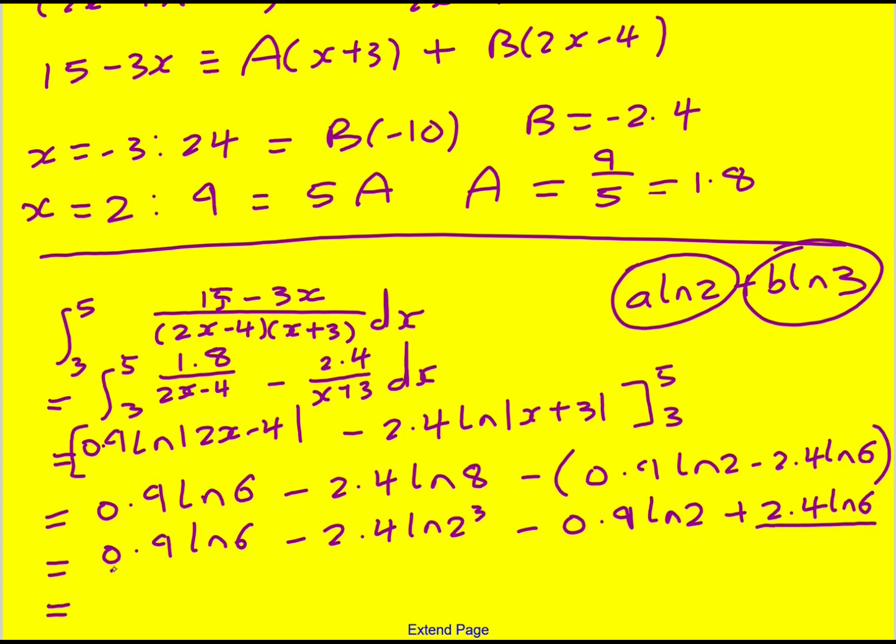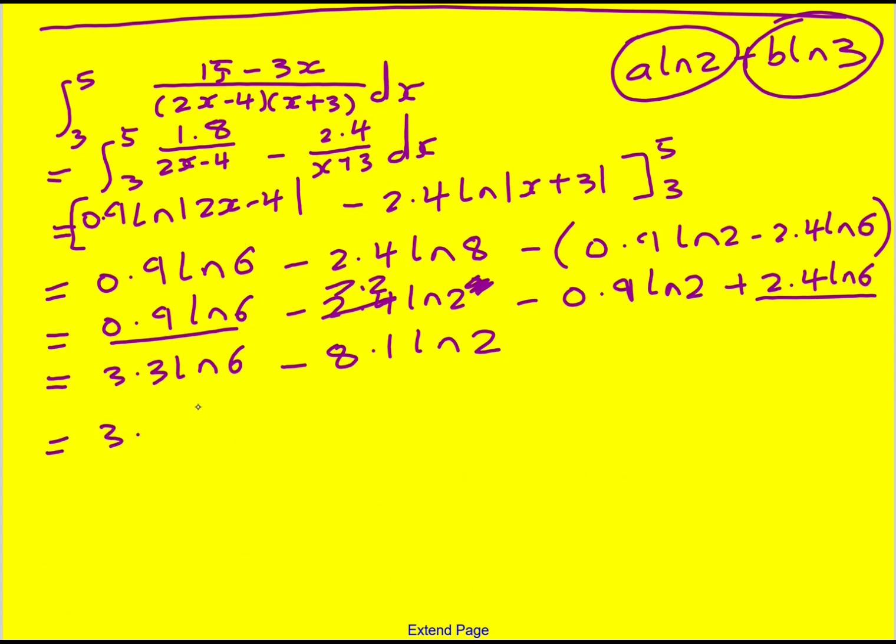So I'm going to add these two together. That will give me 3.3 ln 6. I'm going to have to do something with that in a minute because it's not ln 2 or 3. And then I'll be bringing the 3 down and timesing it by 2.4, which actually gives me 7.2. Minusing the 0.9 gives me minus 8.1 ln 2.